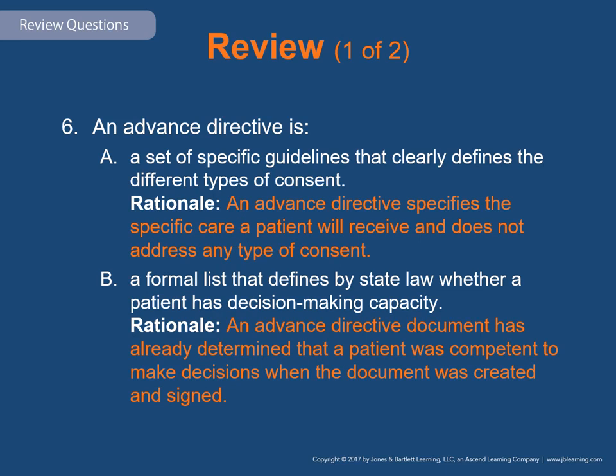B, a formal list that defines by state law whether a patient has decision-making capacity. Now, this one's incorrect because an advance directive document has already determined that a patient was competent to make decisions when the document was created and signed. That's the important thing. When the document was created and signed, they were of sound mind and body.